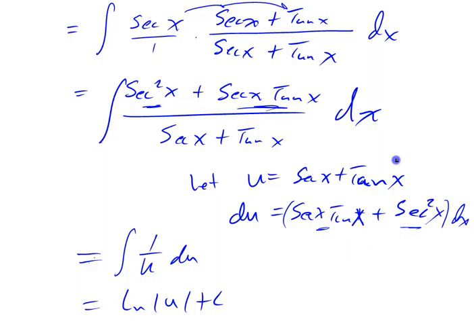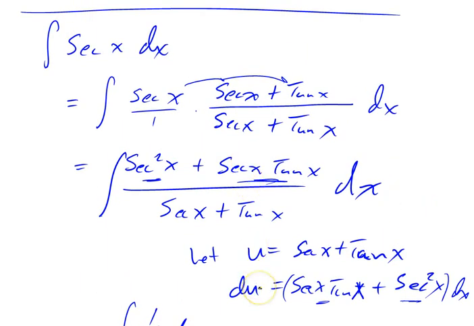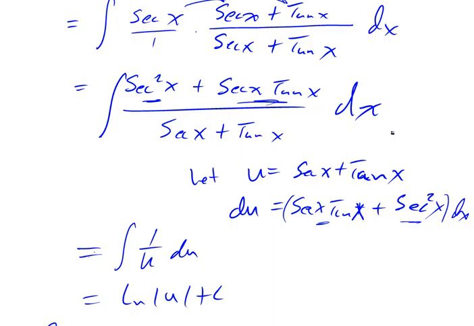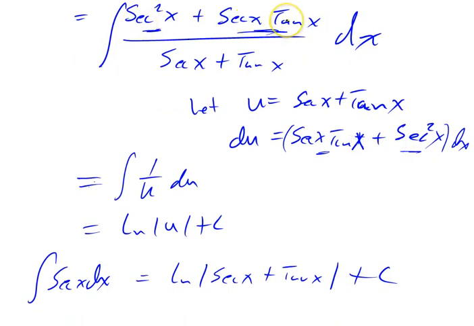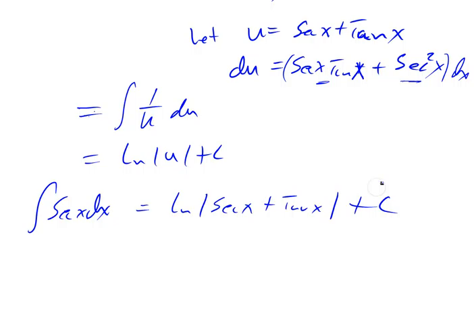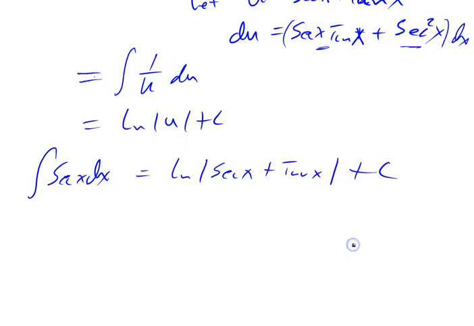You can always go back and derive it each time, and once you do this a couple of times, you begin to remember that, oh yeah, you got this secant x plus tangent x on the bottom, you got the du on the top. It's just a log of that crazy secant x plus tangent x. Anyway, there it is. That's the integral of secant x. I think it's just fascinating that somebody thought of that.